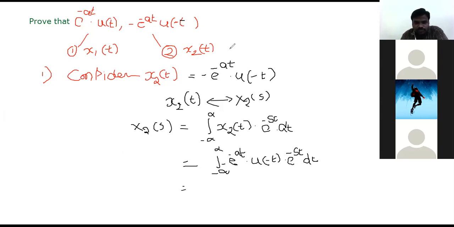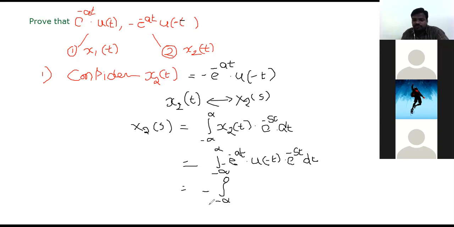Just carefully observe this. Minus integral from minus infinity to 0. Why? Because u of minus t is the time reversal operation on the u of t signal. U of minus t can be obtained by taking the time reversal on the u of t signal. So u of minus t is equal to 1 for t less than or equal to 0, and equal to 0 otherwise.